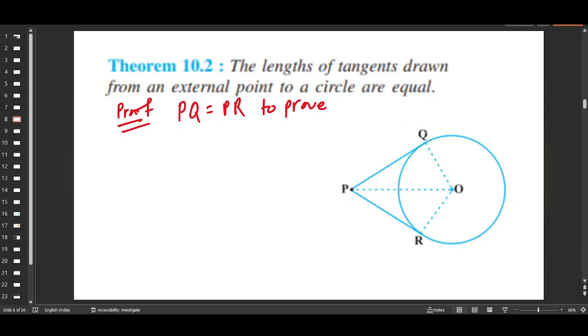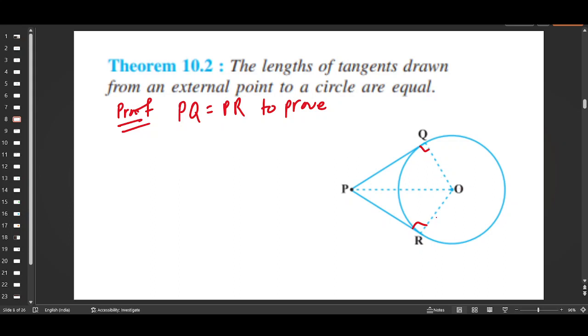Now we join OP. Here we joined OQ, we joined OR. Then angles OQP and ORP are right angles, because these are angles between the radii and tangents.